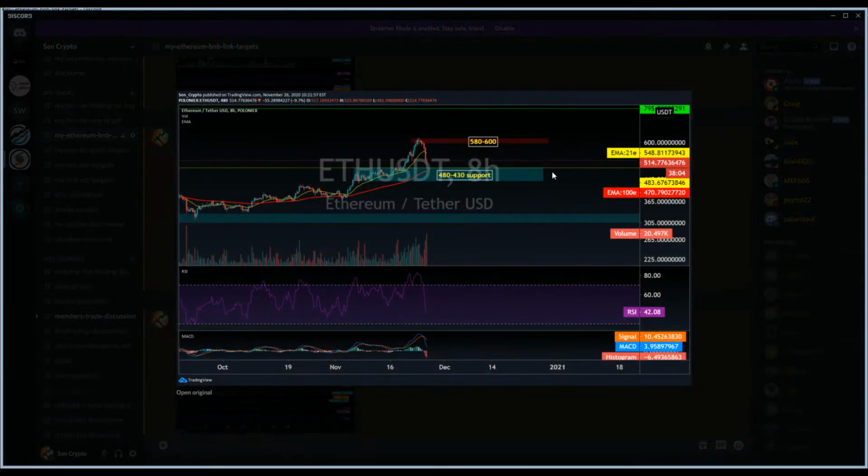We said any dip below this range is going to be bull territory. So it dipped all the way down to 480, started pumping back up to like 500. We said, okay guys, that's it, it seems like bulls are back in town. We're going to take it back up to the 580 to 600 range, right?